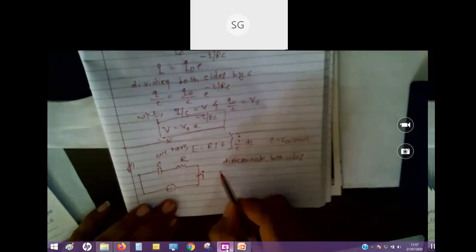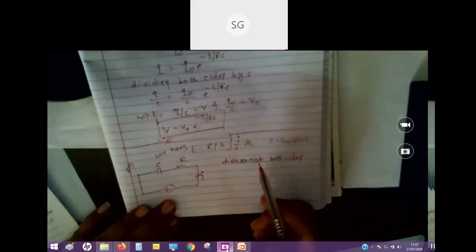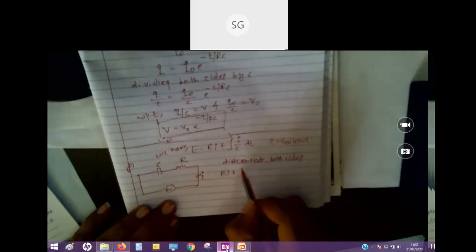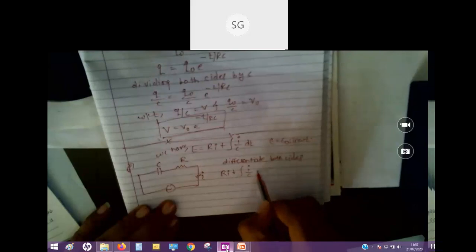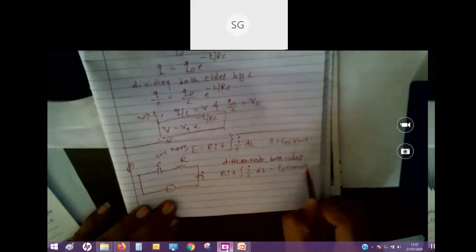What will we get? We will just rewrite this again, Ri plus integration of i by C dt is equal to E naught sine omega t, because it will be easier to understand.